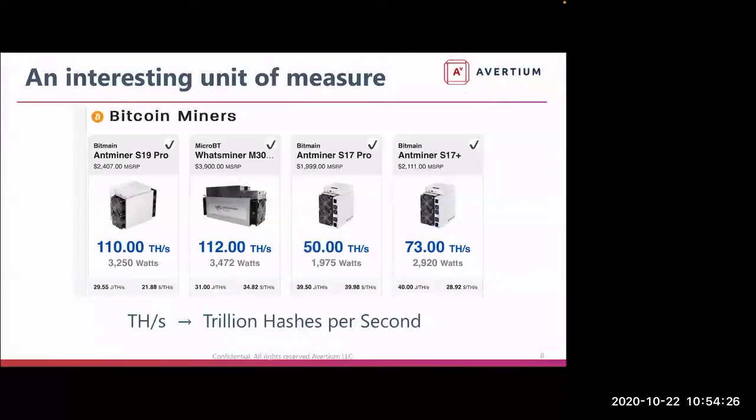Now, the thing is that you can go and you can see here that I can go out and buy, at not too outrageous prices, machines that will do, and here's the interesting thing, a new unit of measure. It's THS, trillion hashes per second. So if you look at this, you see something that does 110 trillion hashes, 112, 50, 73.